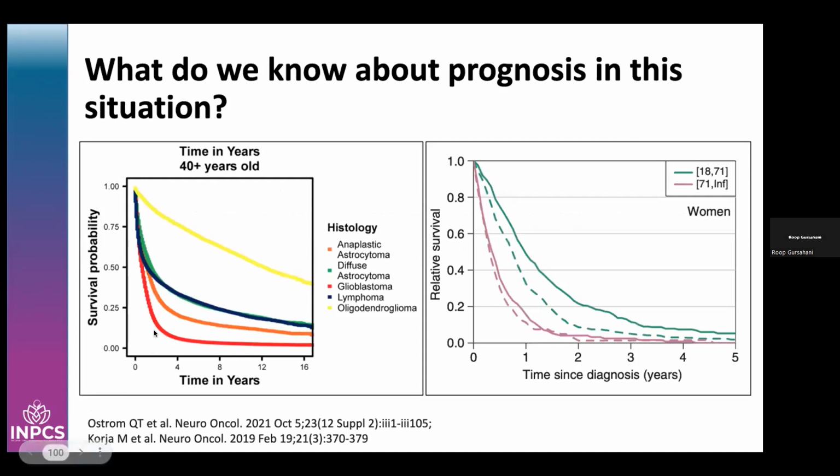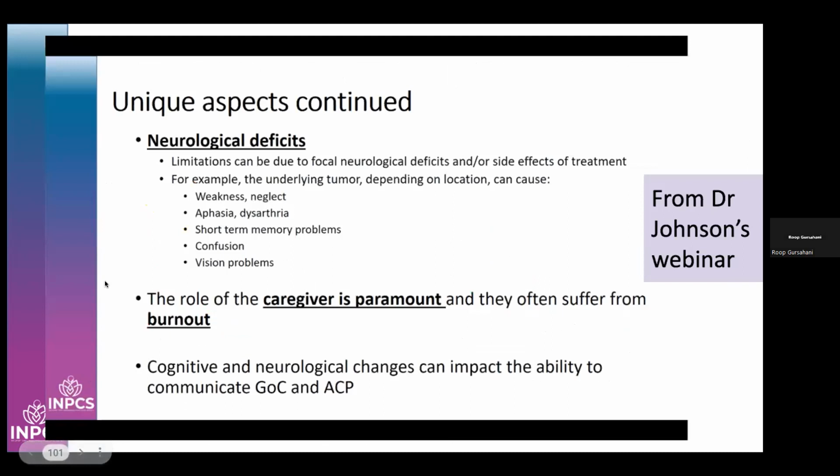Well, in glioblastoma, you can see that a significant proportion will pass away within a fairly short period of time, whereas those who have oligodendroglioma will go on much slower. And this lady obviously was in the category that we expected to have a poor prognosis.